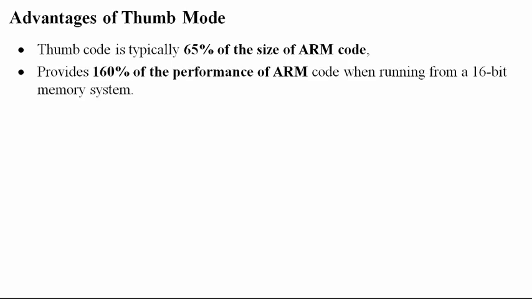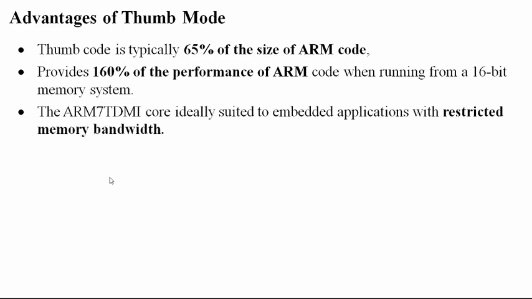What about the performance? Obviously, when you reduce the program size, the performance of the processor will be increased. The performance of the processor will be increased up to 160% compared to ARM. This is again one big advantage of the thumb mode. Yes, so you can use the ARM processor in the thumb mode where there are memory constraints.